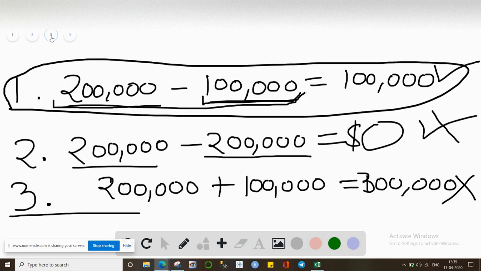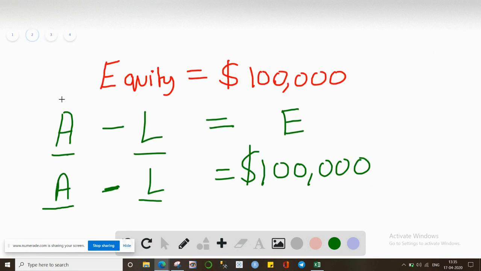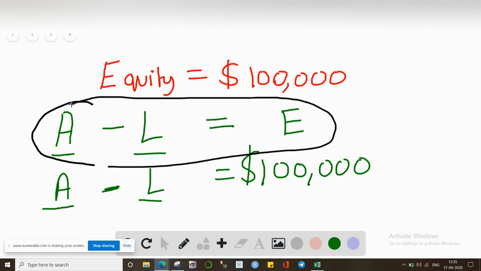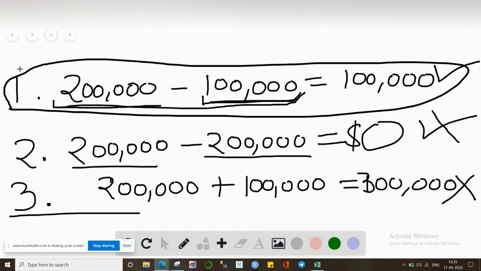Please make sure that first of all you understand what the basic accounting equation is, and then you will get to know why I have devised three types of equations to understand the problem. In the first equation, I have said that we have an equity value of 1 lakh, so we have written it on the right-hand side of the equation.